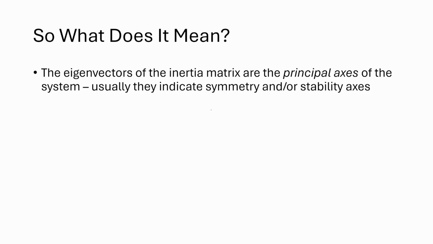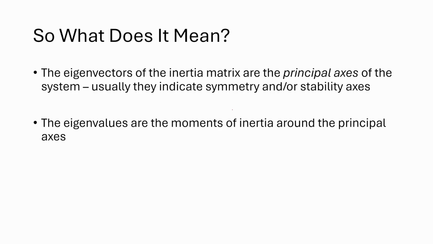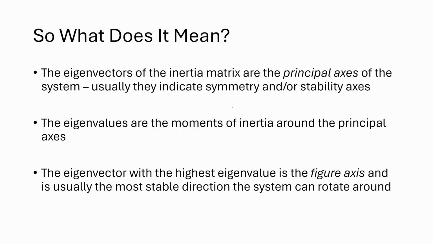So it's indicating that if you spin your system around this particular axis, then that rotational motion will be stable and won't become unstable. So then the eigenvalues are the rotational inertia or the moments of inertia around those principal axes.